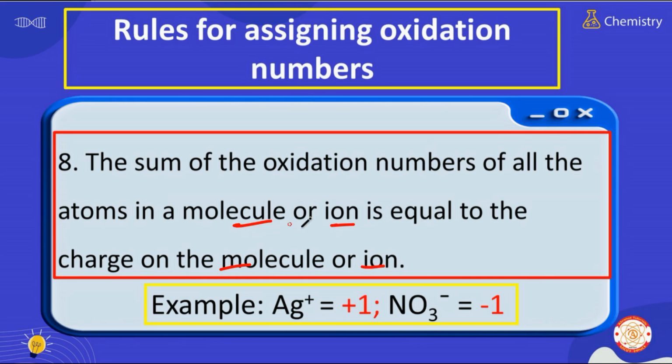For example, if you take nitrate, it has a charge of -1, right? So the sum of the oxidation numbers of nitrogen and oxygen should sum up to -1.